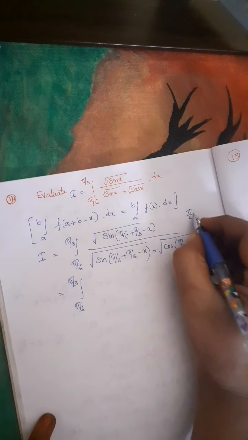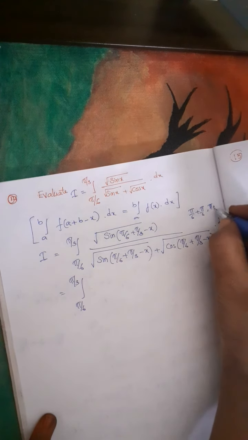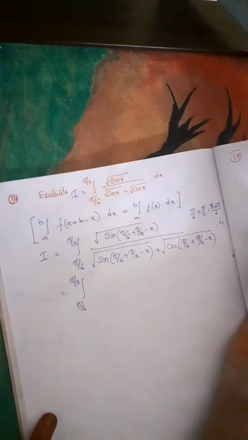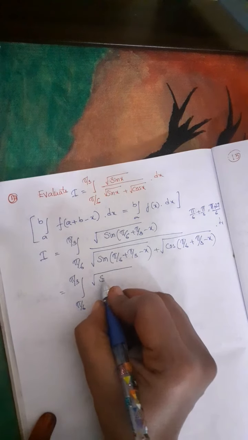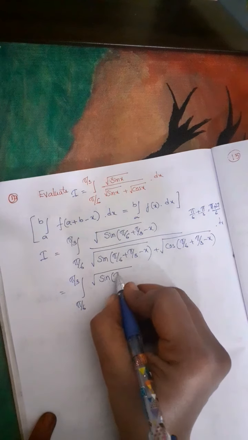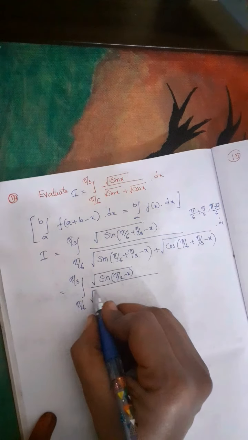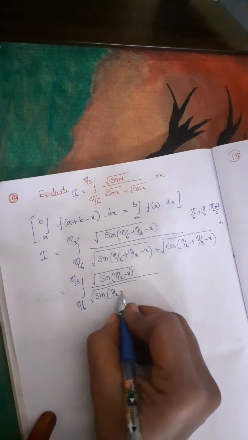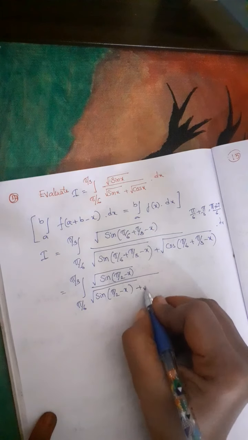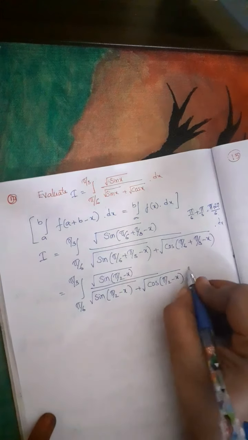Pi by 6 plus pi by 3 is equal to what? Pi plus 2 pi by 6, that is 3 pi by 6, that value is pi by 2. So square root of sin (pi by 2 minus x) by square root of sin (pi by 2 minus x) plus root cos (pi by 2 minus x) dx.